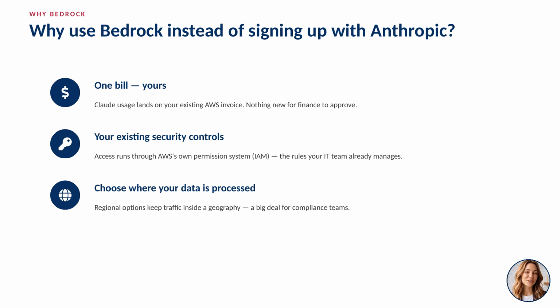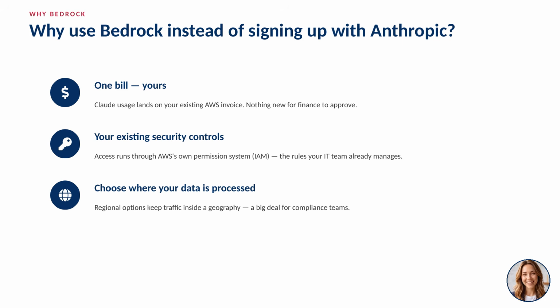Now the strategic question. Why go through Bedrock instead of just signing up with Anthropic directly? Anthropic's own API is excellent, so this is genuinely about fit. 3 reasons companies choose Bedrock, and notice they're exactly the 3 objections from the start of this video. 1. Billing. Claude usage lands on the AWS invoice your company already pays. 2. Security.